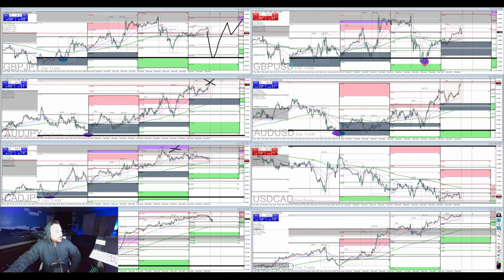Euro yen. Yeah, man, look at this thing. Just kept going. Rode that hourly 21. Finally broke it. This is the hourly 21, right? All right, let's see. This is it right here. Finally broke it.